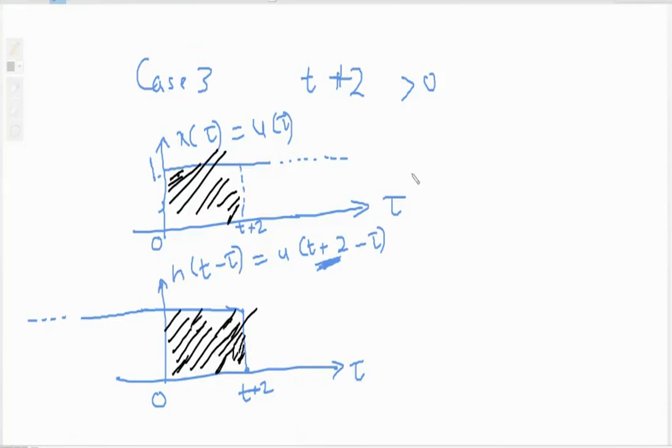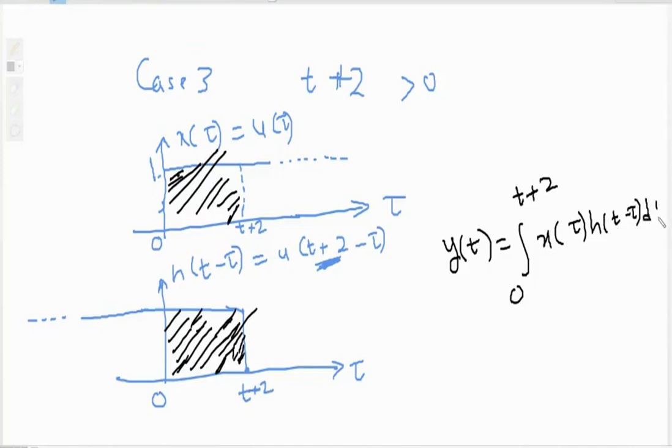So integration will come. Now the integration limits: the overlap is from 0 to t plus 2. So y of t equals the integration from 0 to t plus 2 of x of tau, h of t minus tau, d tau. What is the amplitude of x of tau?